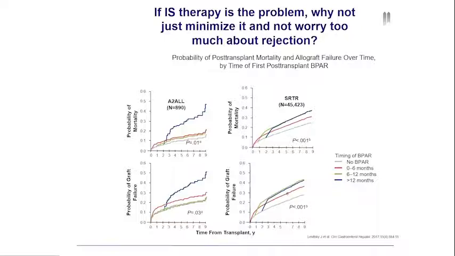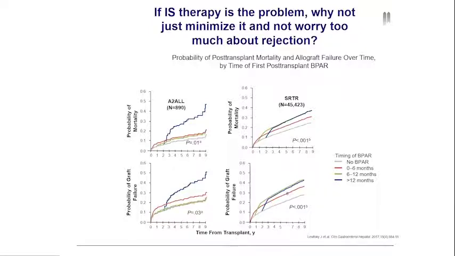We know from older data that rejection in liver transplant recipients may not be so harmful. Well, this is old data from the 1990s, and we have learned more recently from the post-MELD era that rejection may actually be detrimental to patient and graft survival.